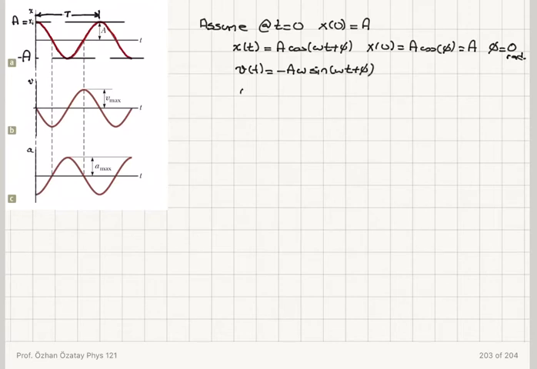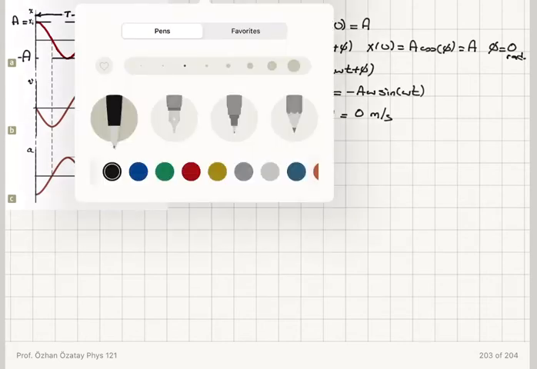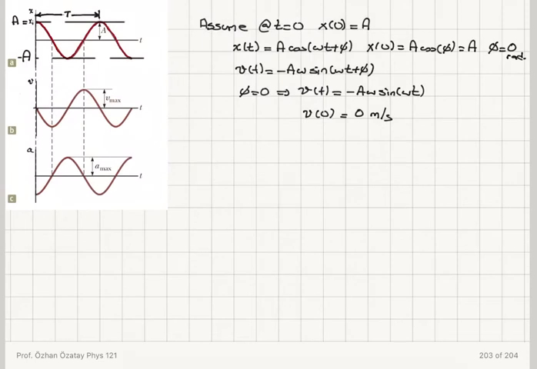Now, if I look at the corresponding velocity as a function of time, velocity as a function of time was minus A omega sine omega t plus phi, with phi equal to 0. Velocity as a function of time is minus A omega sine omega t. So at t equal to 0, what is the velocity?